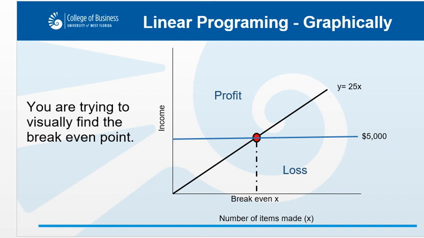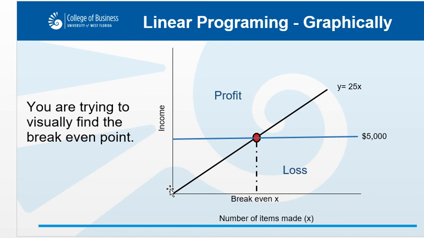Let's, again, convert all of this into lines. If this is my income over here on my y-axis, and the x-axis is the number of items that I make, you can see that as I increase the number of items that I make, my income will go up. So whenever I make one item, when x equals 1, my income will be $25.